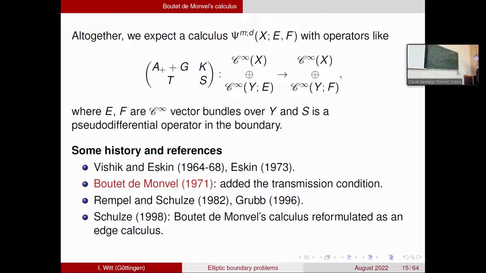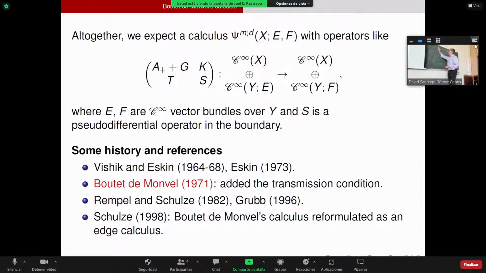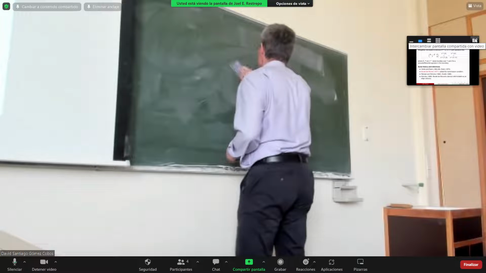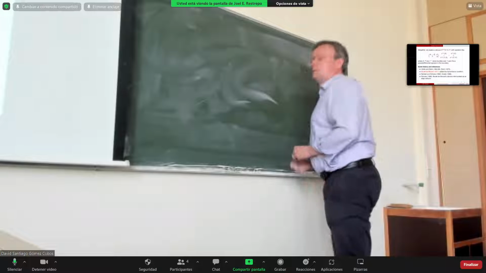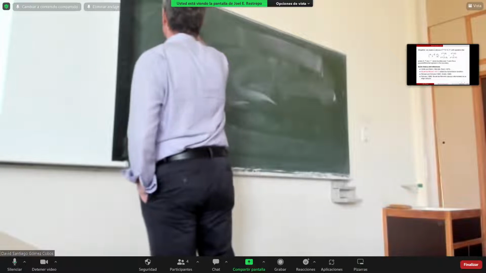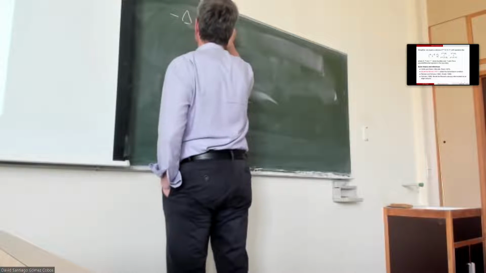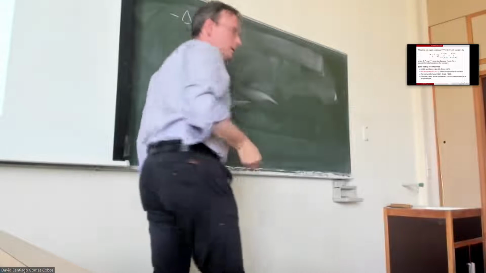So if you have differential operators, in most cases we are good with these columns. And this has a reason. If you just go back to our problem, we have a Laplacian with a boundary condition.